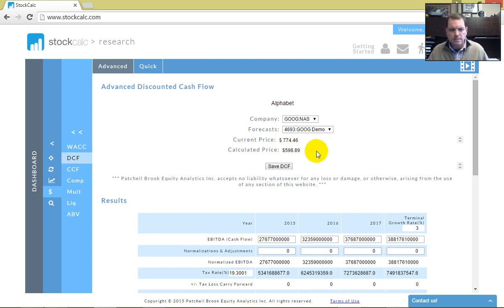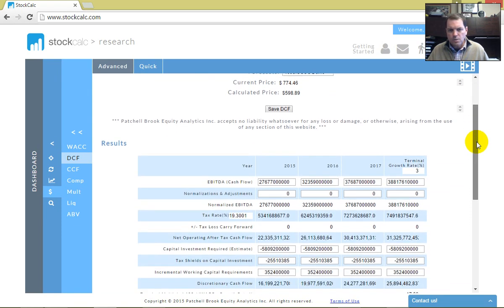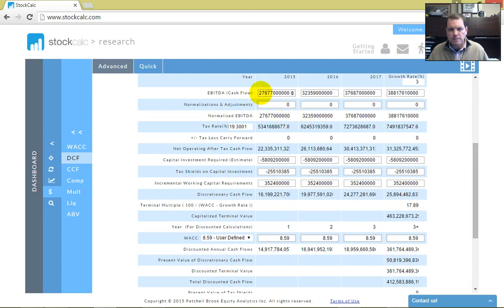So let's dig into this a little bit. What a discounted cash flow does is it basically takes the cash flows that are projected into the future, removes the taxes, gives us a discretionary cash flow after we take into consideration what we think is required for capital investment or working capital needs.